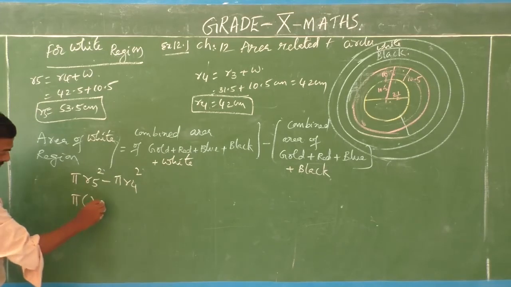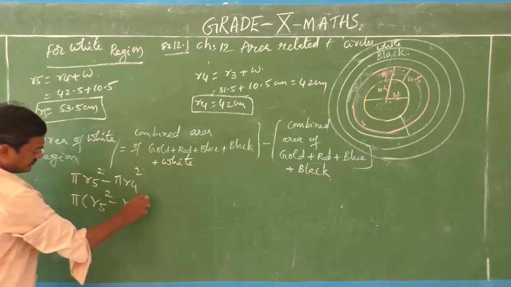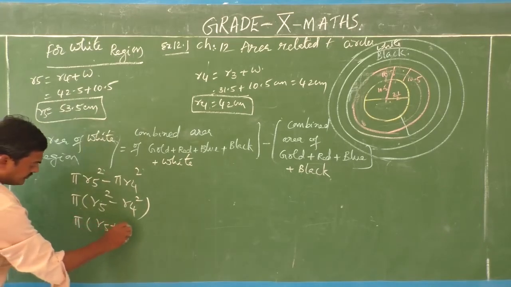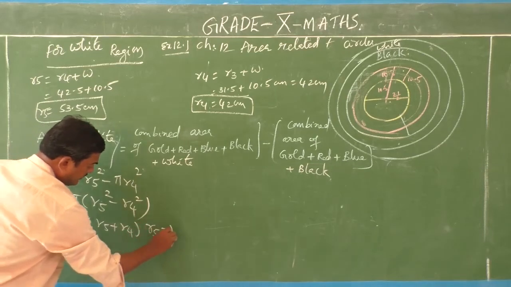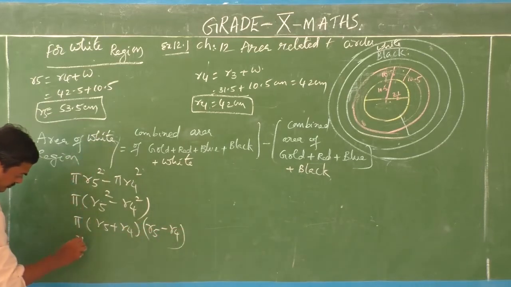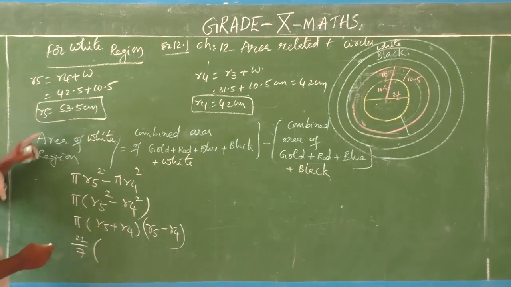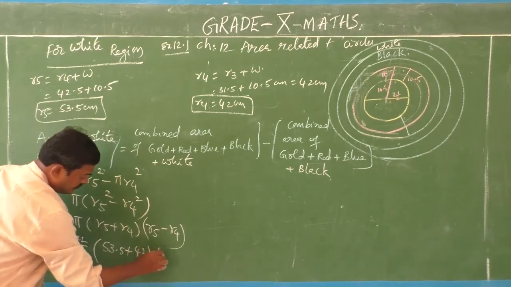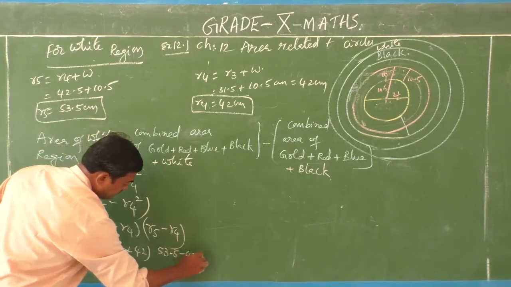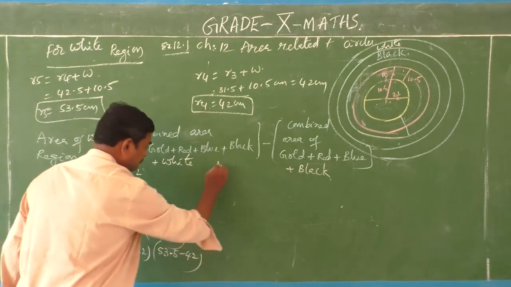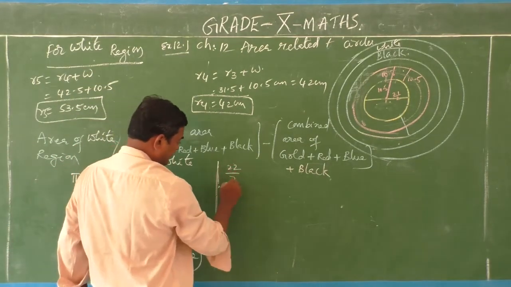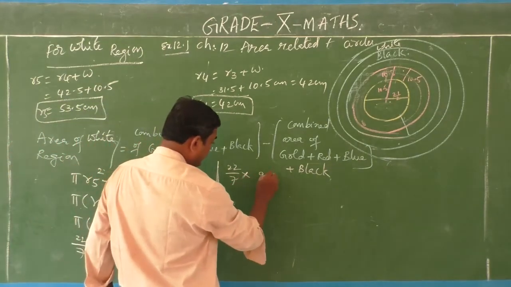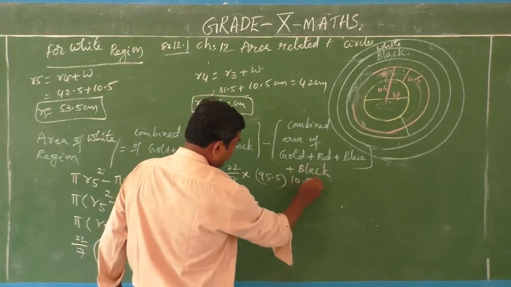Now pi take common means r5 square minus r4 square. Now pi into r5 plus r4, r5 minus r4. Now 22 by 7 into r5, 53.5 plus 42, 53.5 minus 42. That is equal to 22 by 7 into 95.5 into 10.5.